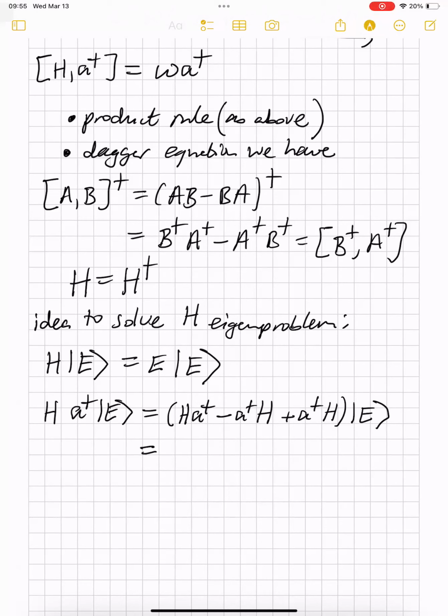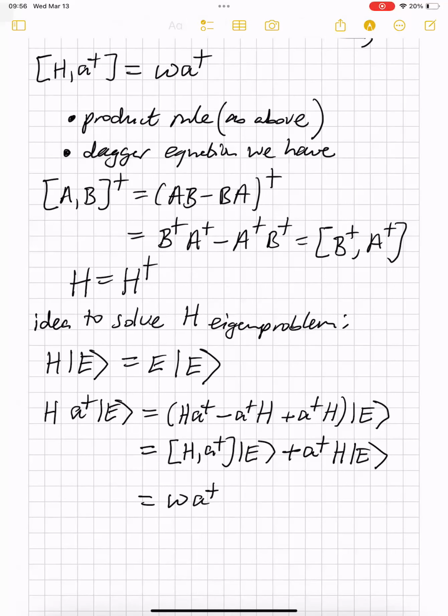So now I get the commutator of H with A dagger from the first two terms acting on the energy eigenket, plus A dagger with the Hamiltonian acting on the energy eigenket. Now the commutator of H with A dagger is omega A dagger. So this is nice.